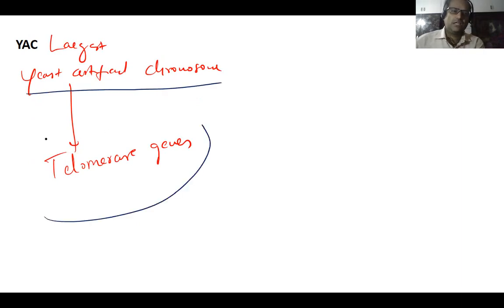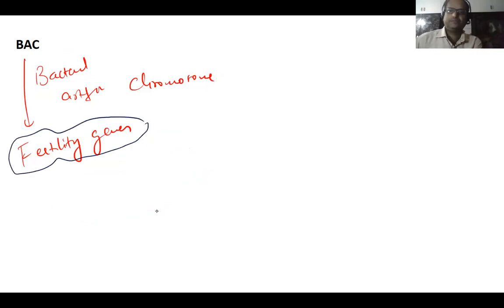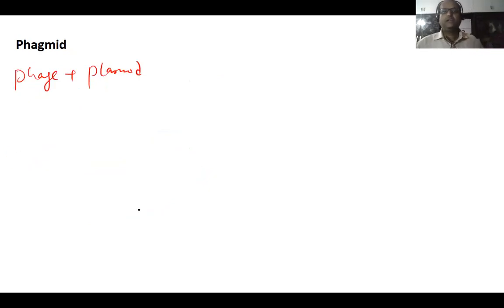Here there are certain genes called telomerase genes, that's the speciality. Largest vector. BAC, bacterial artificial chromosome, has a speciality: fertility genes will be present inside. Phagemid is phage plus plasmid, that is why the name is phagemid.